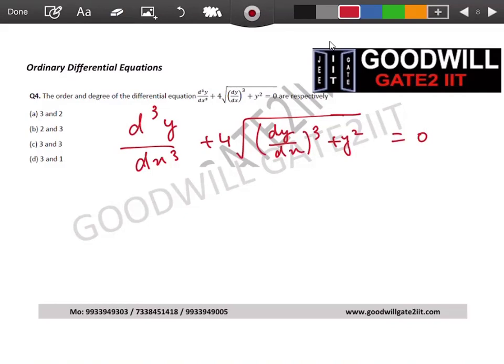Yes. So here the order of the differential equation will be, what is my highest order derivative here? The highest order derivative is d cube y by dx cube. So it will be 3. Right? Now the degree of this highest order derivative. Okay, the first thing is to get rid of the radicals.